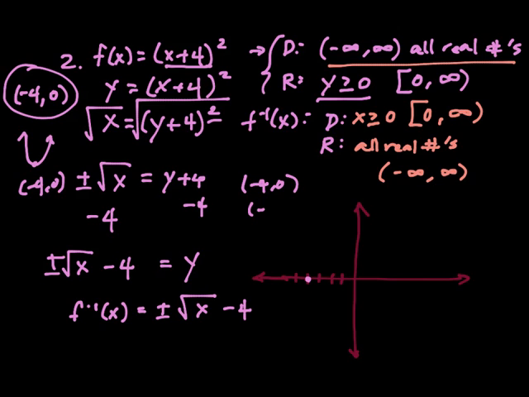Let's try negative 3. Okay, so we have y equals (x plus 4) squared. We have negative 3 plus 4 squared. Negative 3 plus 4 is 1. So we have 1 squared, so that's 1. Negative 3, 1.